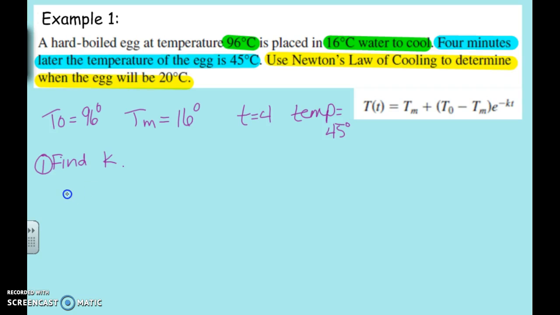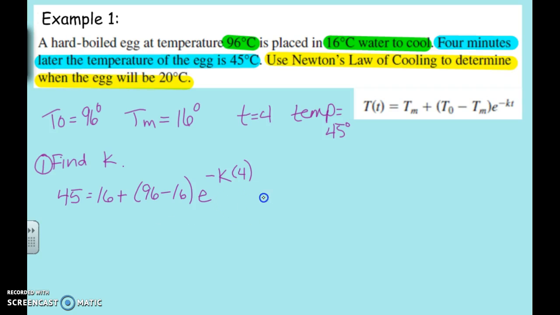So plugging in the information, we know that the temperature at time 4 minutes is going to be 45 degrees. T sub m is 16 plus T sub 0, 96 minus 16, and then we have e to the negative k times 4.